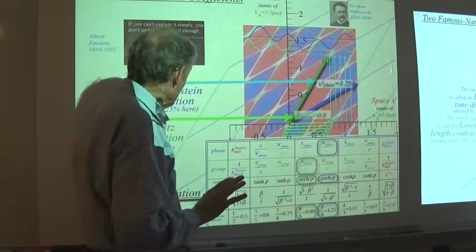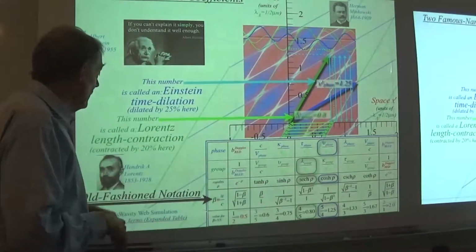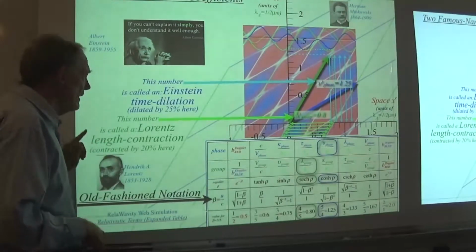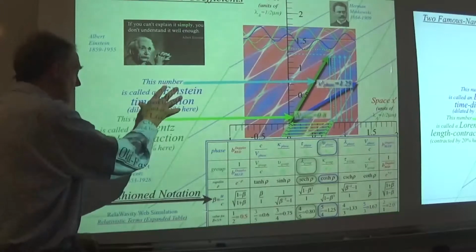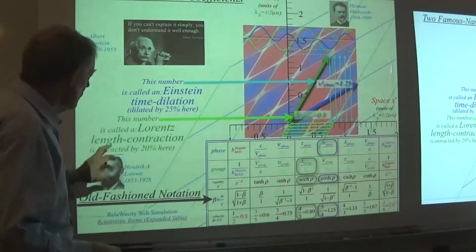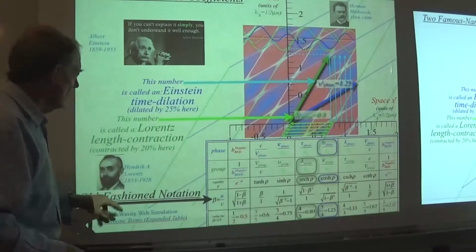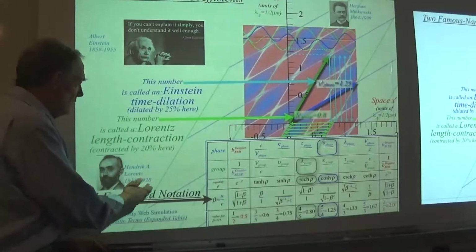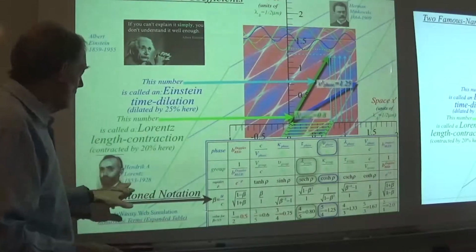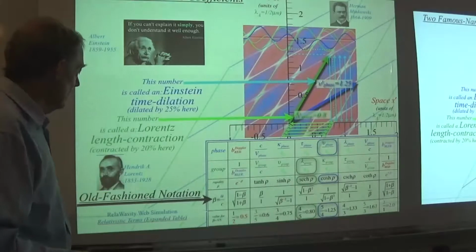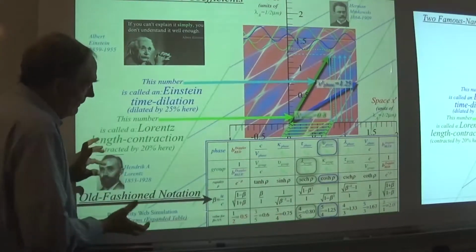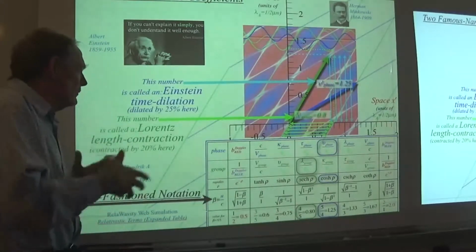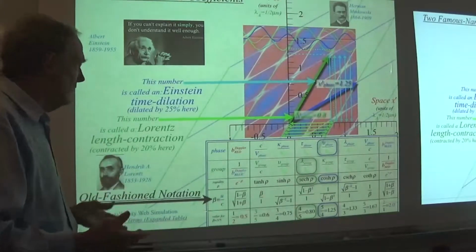So these are famous name factors, and this one is the one I want to pick on just for now. This one kind of comes along with the territory, but this one, Heinrich Lorentz, 1853 to 1928, had relativity right in the middle of his life. He'd been working on it before 1905, and he had all the formulas, but he couldn't figure out what the hell they meant.